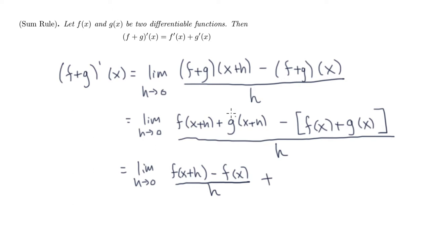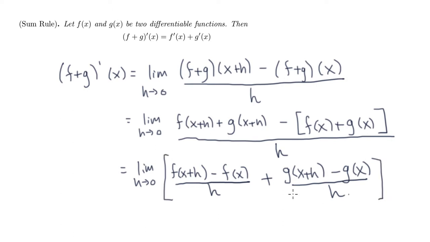And then I have g of x plus h, and I'm going to take this minus g of x and associate it there, and that's divided by h. Notice that I split up the fraction, but everything's still okay, because these fractions have a common denominator. I could just re-add them together and move things back around, and you see that this really is the same thing.